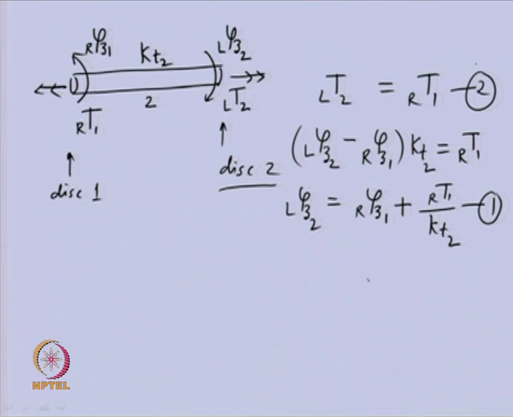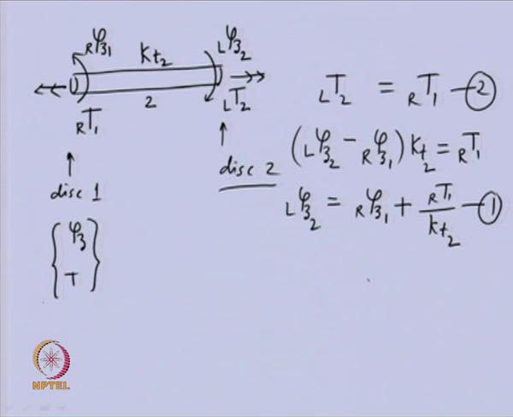Now, you can see that on this side we have the field variable related with the left of disk 2, and on this side we have displacements which are right of disk 1. So, we can combine this in a matrix form like this, as we did for the disk case.